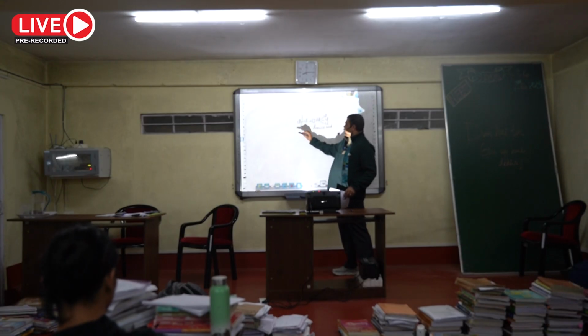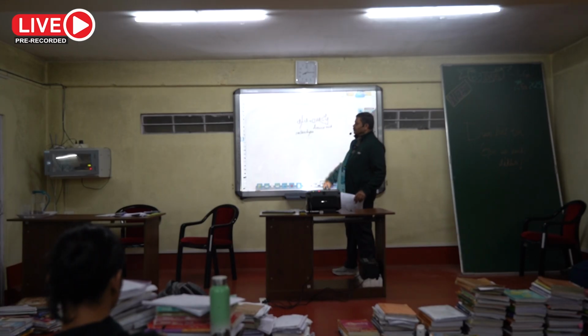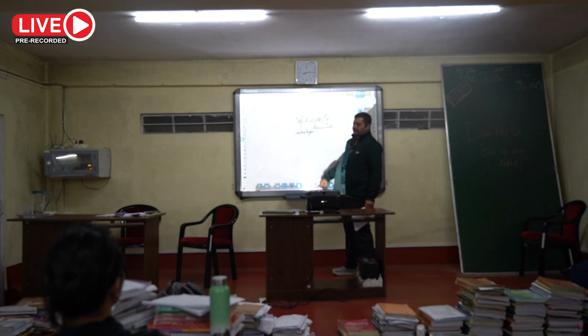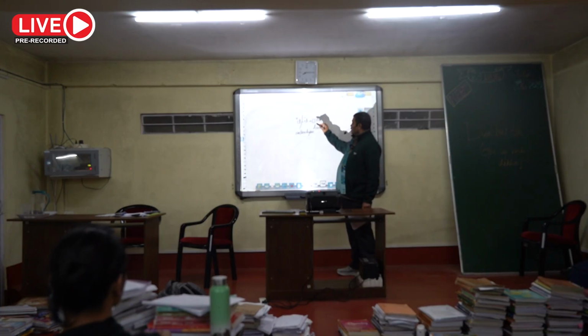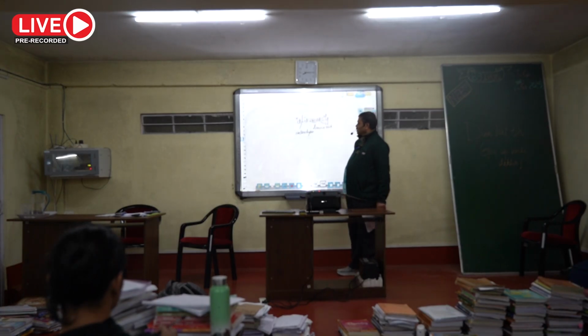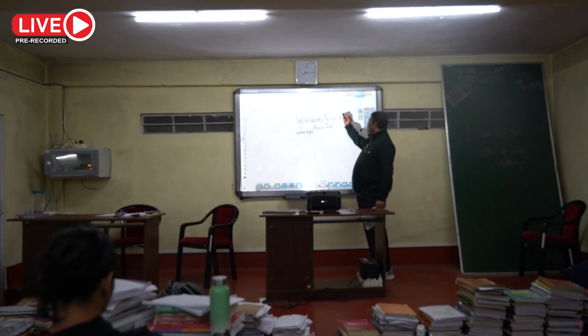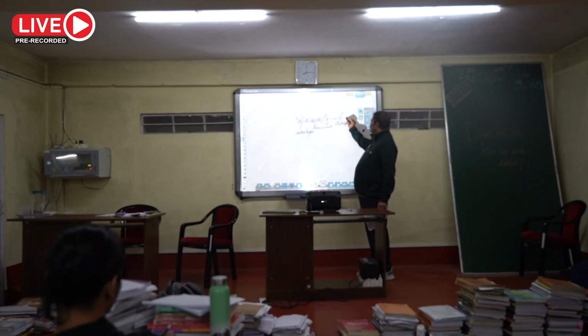So this bond undergoes heterolysis. One Cl becomes plus, one Cl becomes minus. This Cl minus is taken by AlCl3. So that gives an electrophile, Cl plus, plus AlCl4 minus.